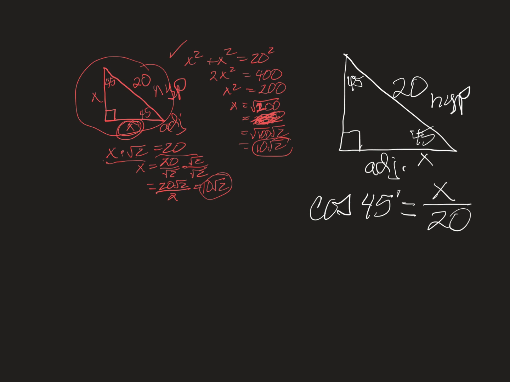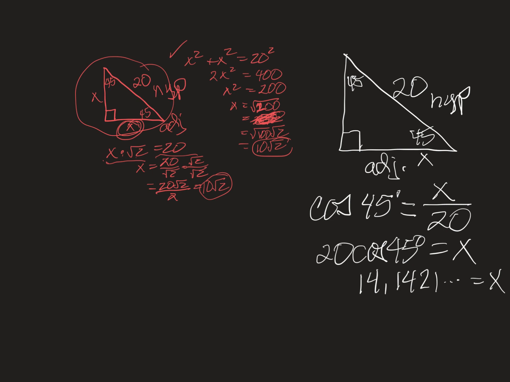And so then we would get 20 times the cosine of 45 degrees is equal to x. And then I could use my calculator to solve that out. Checking my calculator, I'm in degree mode, so 20 times the cosine of 45 degrees equals 14.1421... equals x. Okay?